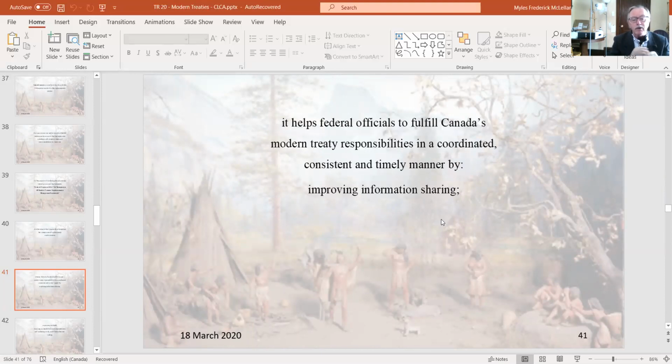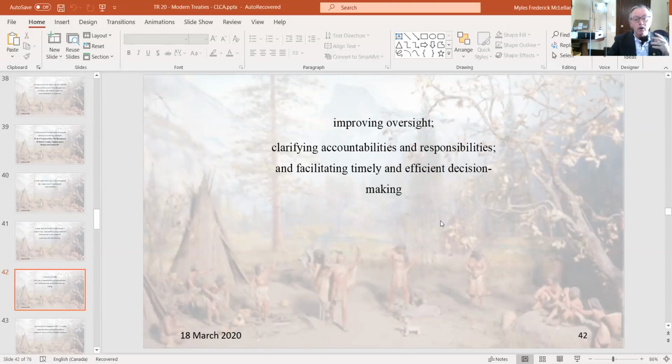It helps federal officials to fulfill modern treaty responsibilities in a coordinated, consistent, and timely manner by doing the following: improving information sharing between the parties, improving oversight, clarifying accountabilities and responsibilities, facilitating timely and efficient decision-making.